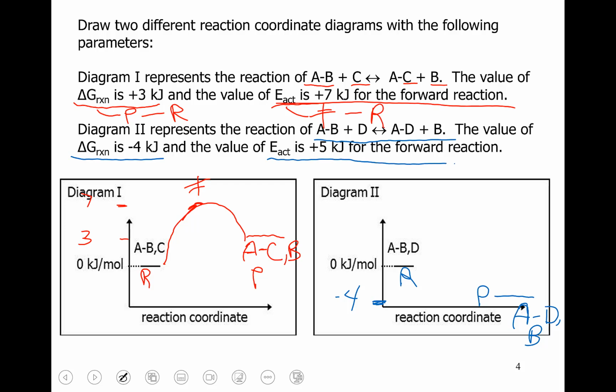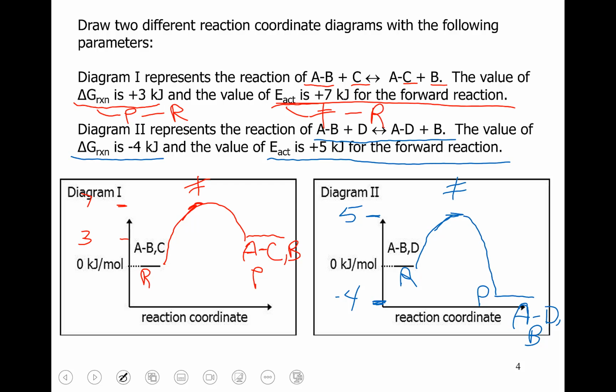My energy of activation is 5 kilojoules, so let me put a mark at 5 on this scale, and the transition state is going to be at this energy level. So when I go from reactant to product, I pass up the hill to get to the transition state and down the hill now to get to the product. So that's how we make our diagrams.